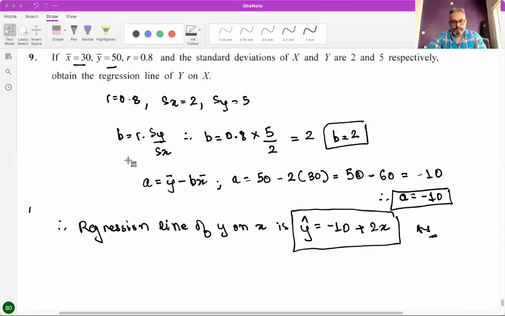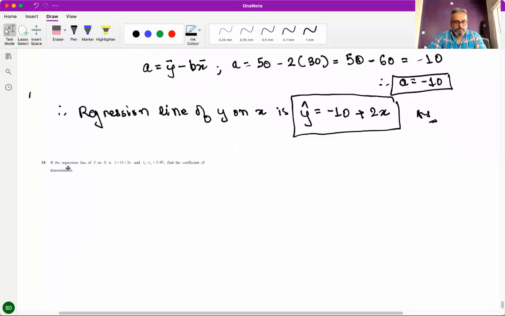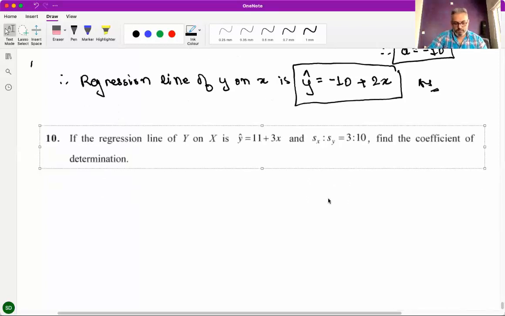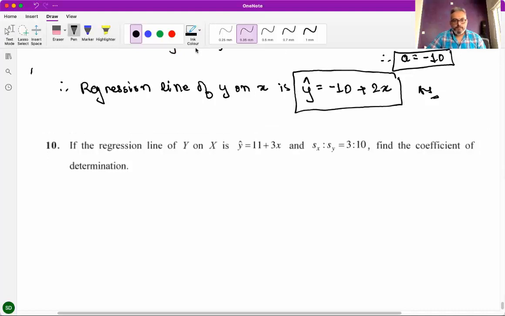Question number 10. If the regression line of y on x is y cap is equal to 11 plus 3x and standard deviation of x is to standard deviation of y is equal to 3 is to 10.